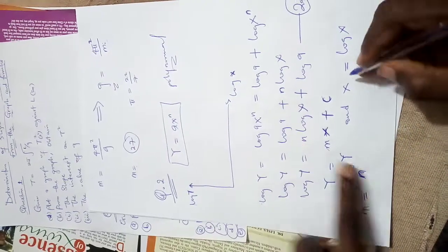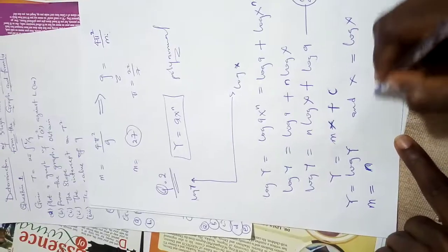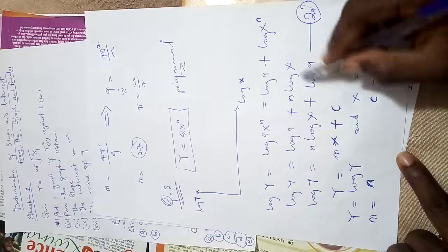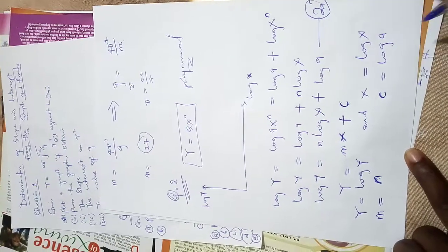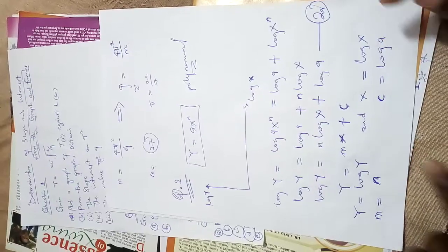All right, then we also look at this. Also we see that our c, which is the intercept, will be equal to everything that we have here, log a. Are we together? It will be equal to log a.